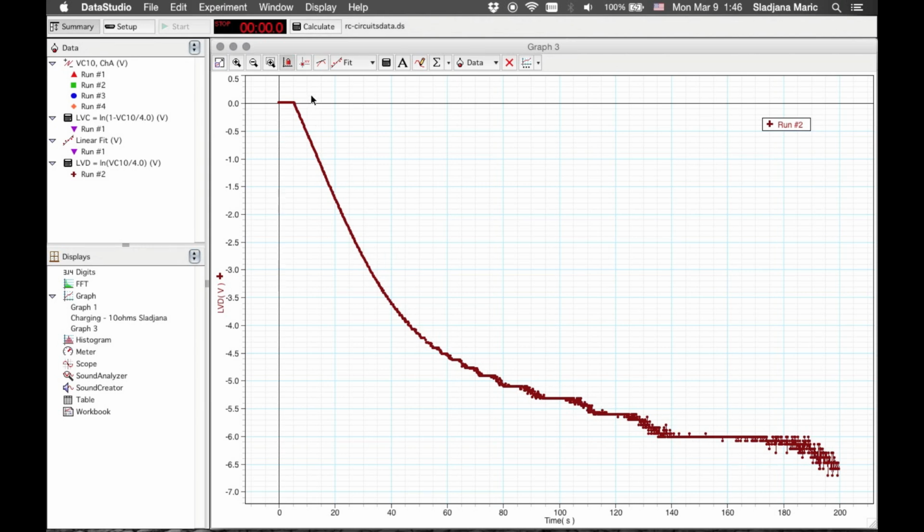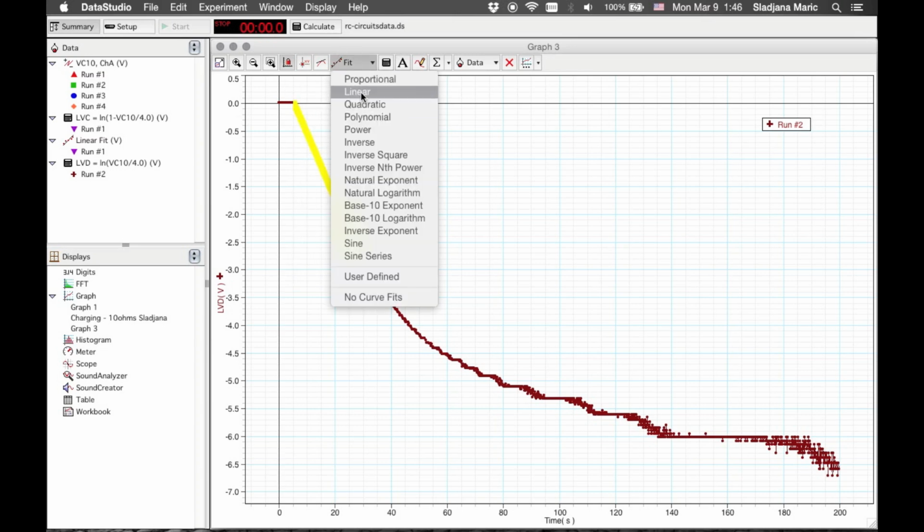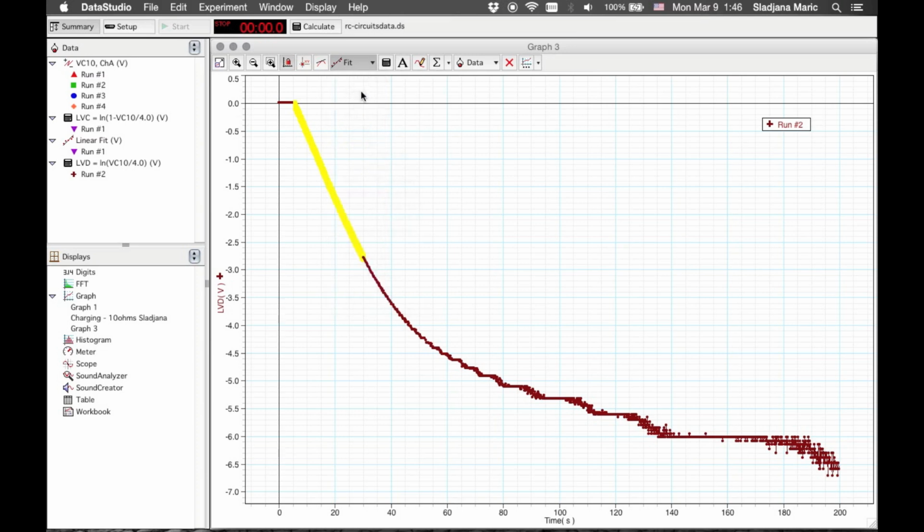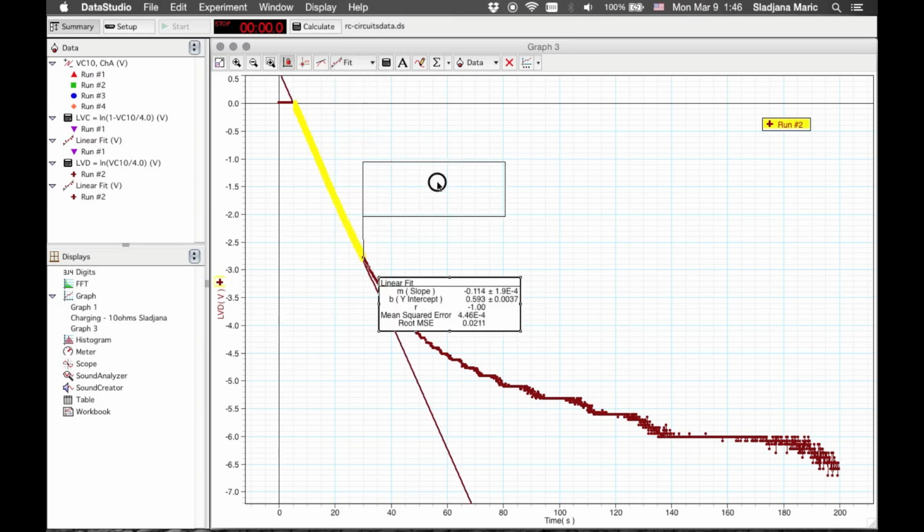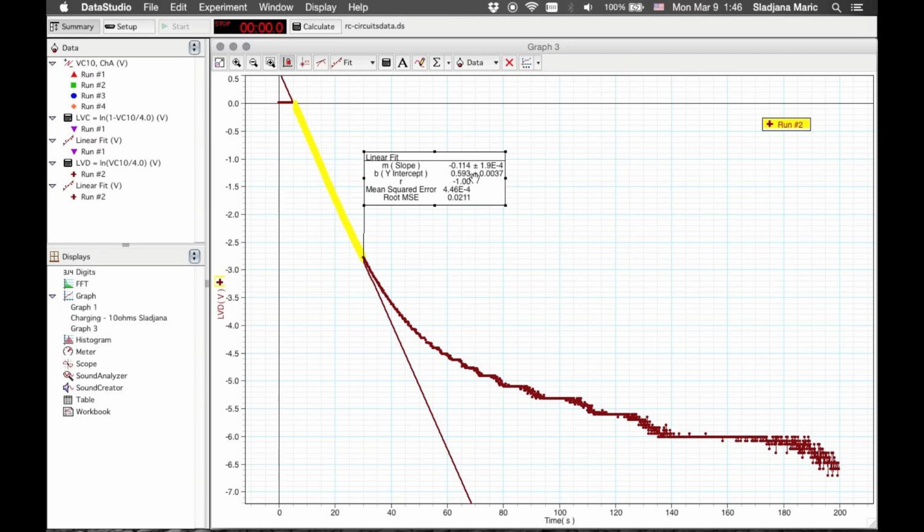Again, select the portion of the graph that represents a straight line, and highlight it, and then click on the linear fit. Click on the fit and choose linear fit, and now again you have the slope.